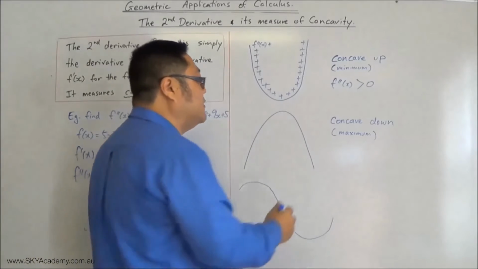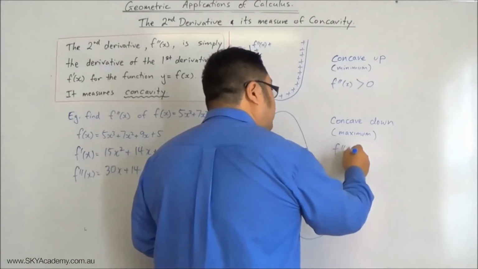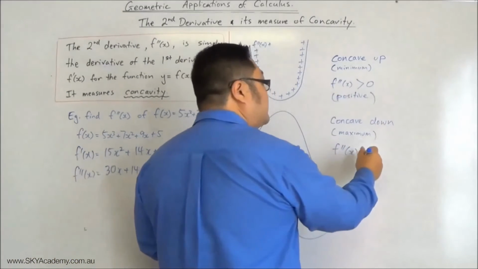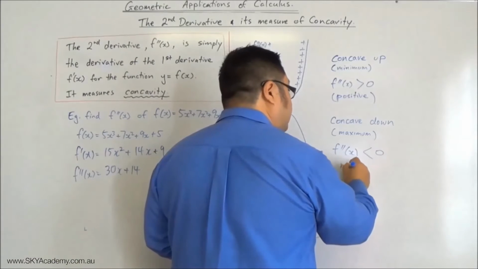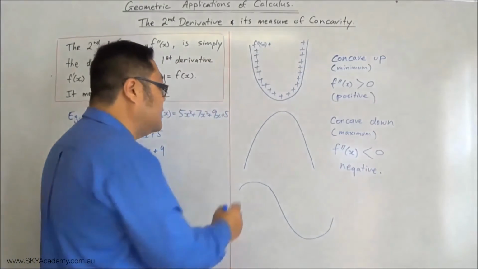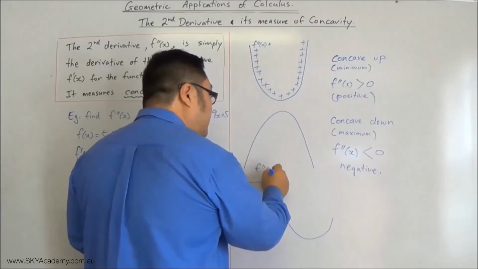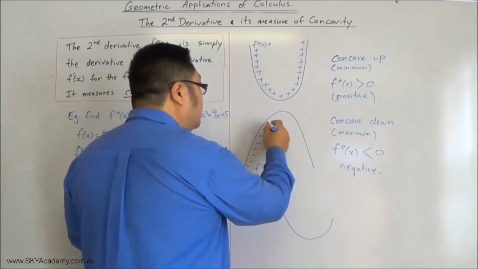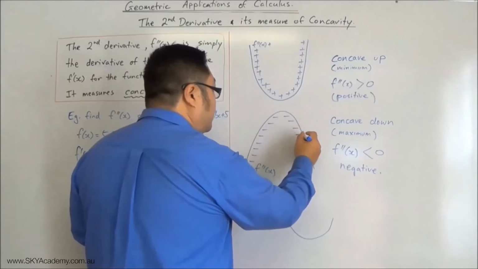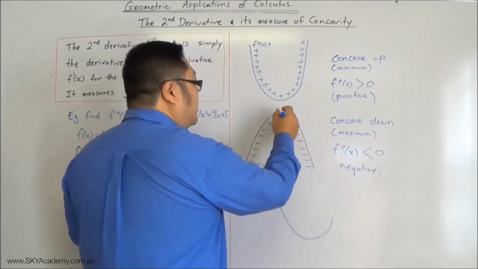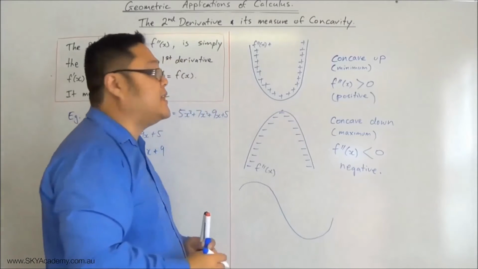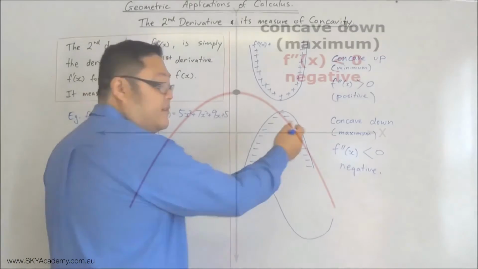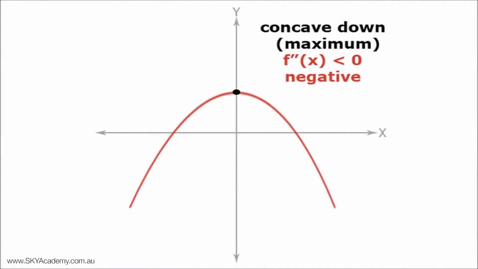When there's a maximum involved, f double dash of x, the second derivative, which was positive in the previous case, will be negative. It will be negative all the way throughout the curve, even at the stationary points where the first derivative would be flat.